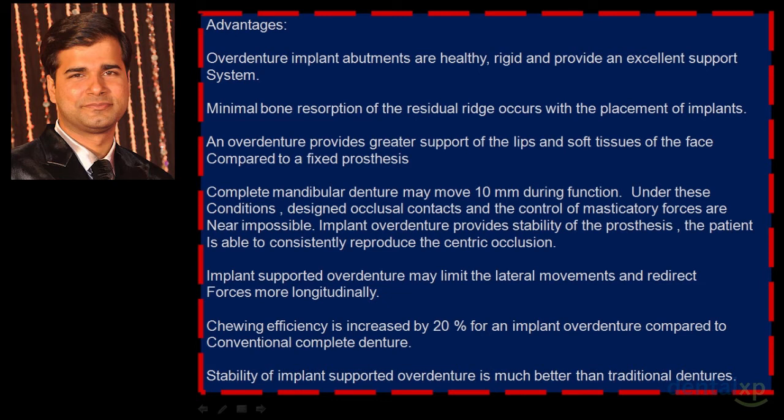We are also aware that there is minimal bone resorption of the residual ridge which occurs after the placement of implants. On the other hand, if we consider the extraction of mandibular teeth, there is an average 4 mm vertical bone loss during the first year following treatment.